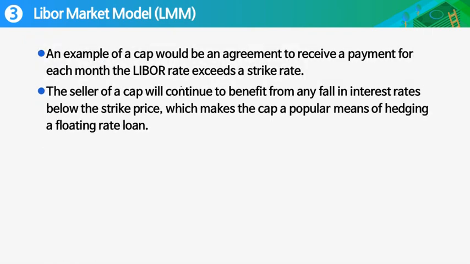An example of a cap would be an agreement to receive a payment for each month the Libor rate exceeds the strike price. The seller of a cap will continue to benefit from any fall in interest rate below the strike price, which makes the cap a popular means of hedging a floating rate loan.